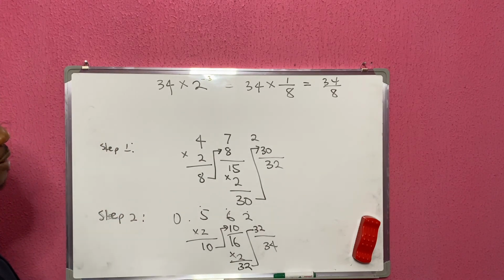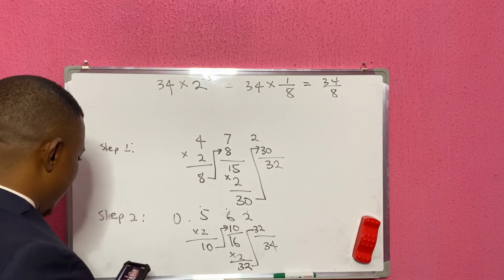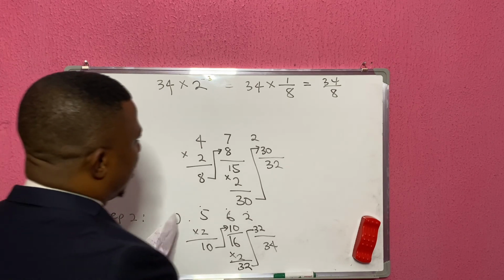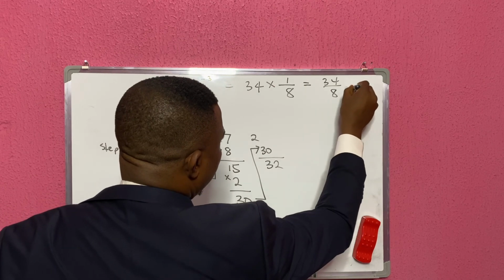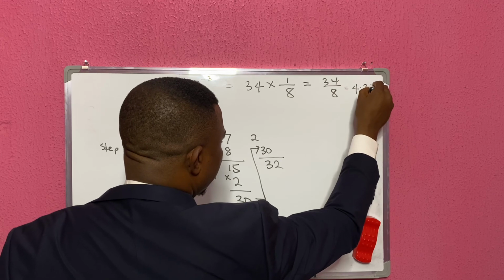Then we will divide 34 by 8. See what we have? 34 divided by 8, you have 4.25.